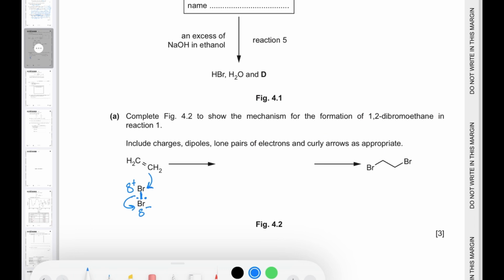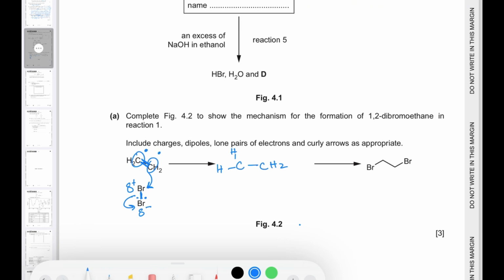Now, there were initially two bonds between the carbon atoms. One of them will break down, and you need to understand that in each of the two bonds that previously existed between this carbon atom and this carbon atom over here, there was one electron contributed by both of these carbon atoms.